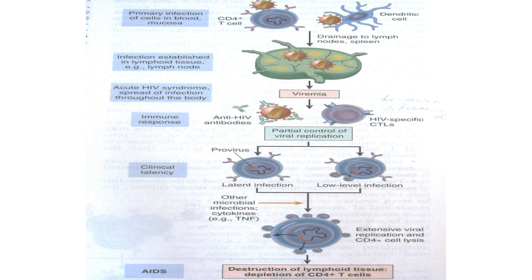There is a gradual erosion of CD4 cells by productive infection. Ultimately, CD4 cell numbers decline, and the patient develops clinical symptoms of full-blown AIDS.